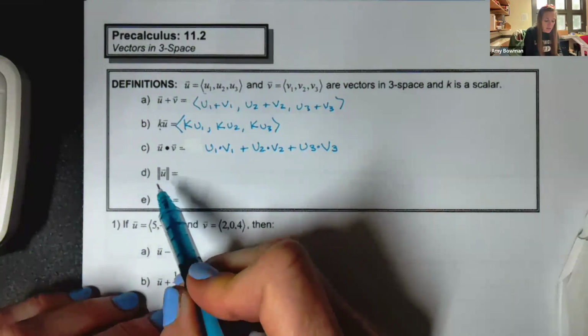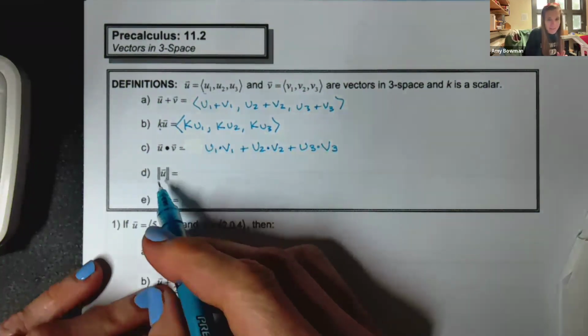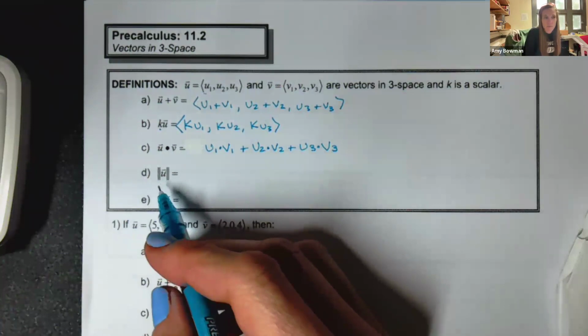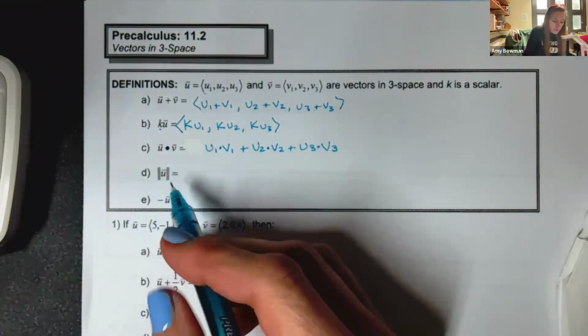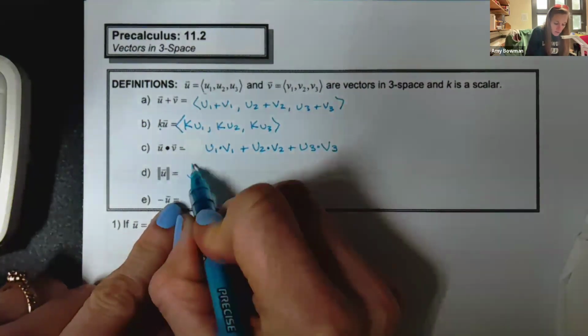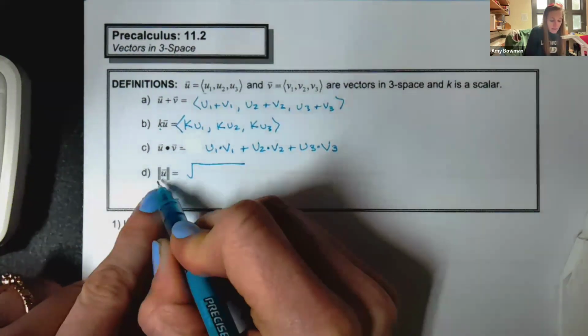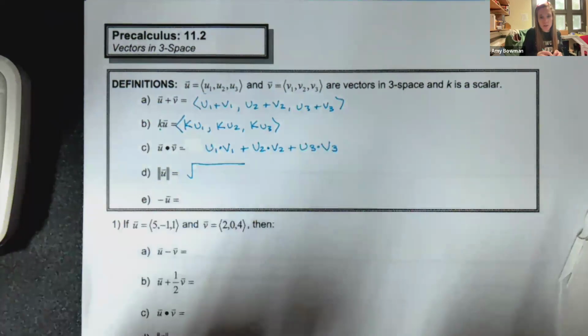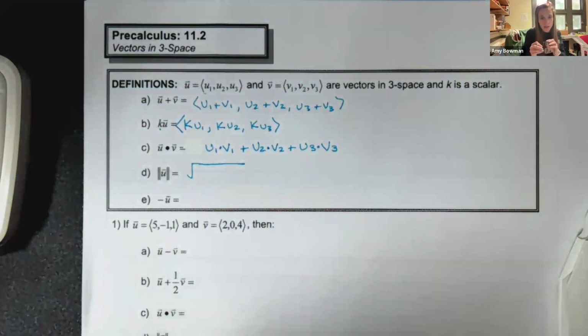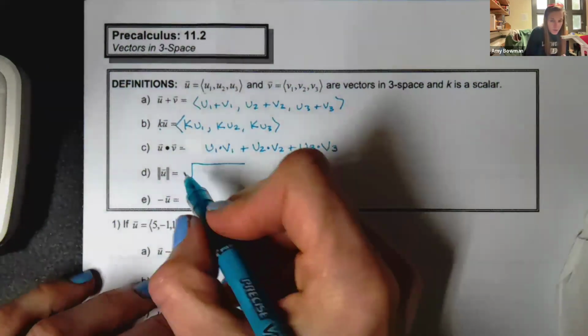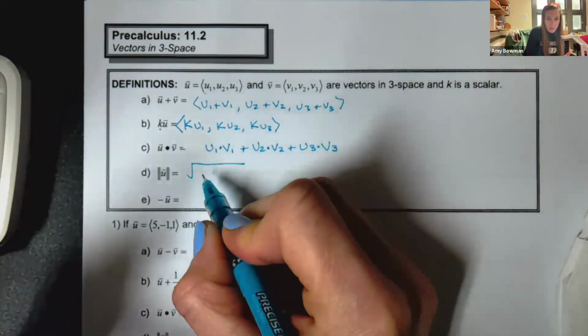The magnitude of a vector in 3D space, same thing with distance, just like the points in 3D space that we did last class, those are still going to be determined using the same formula. So magnitude of a vector is just basically measuring the head of the vector to the origin, which is just the distance formula with one of your points being the origin.